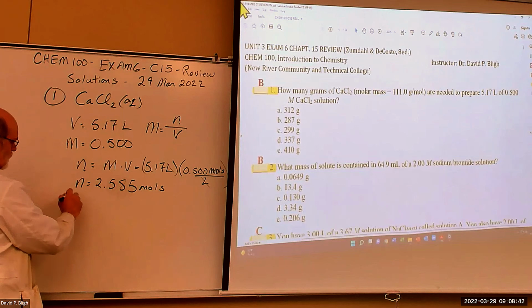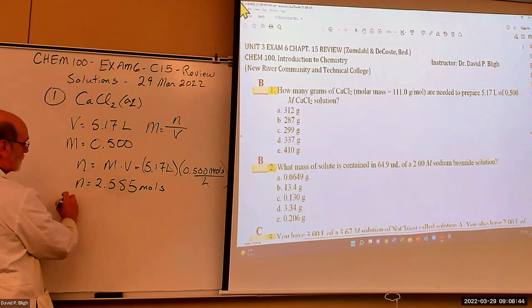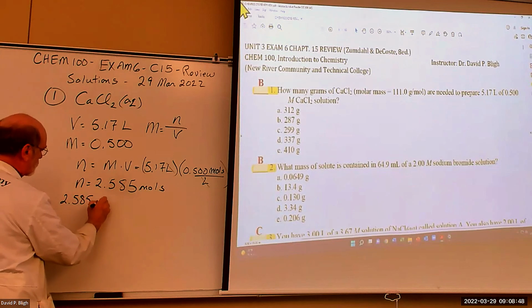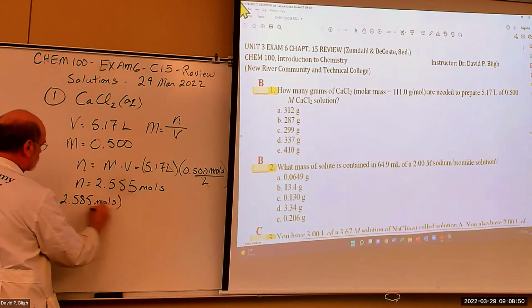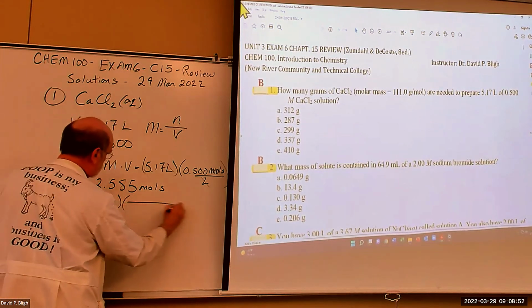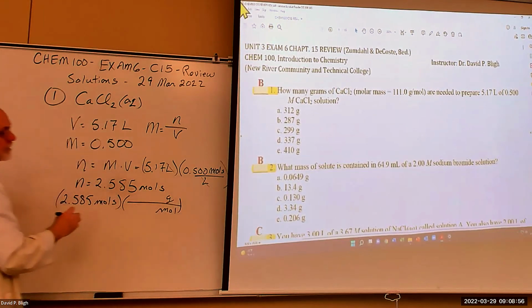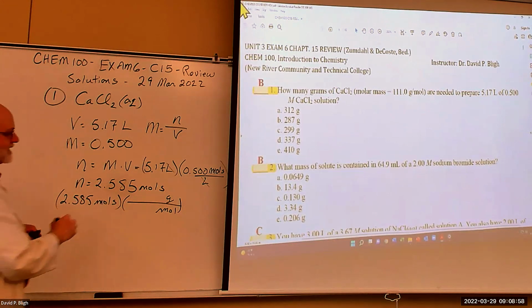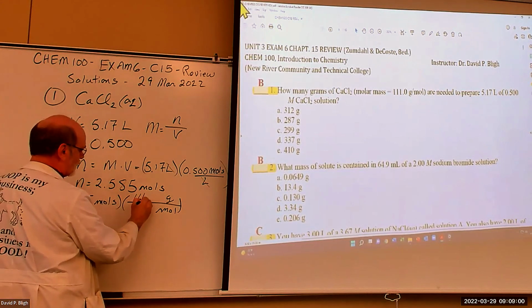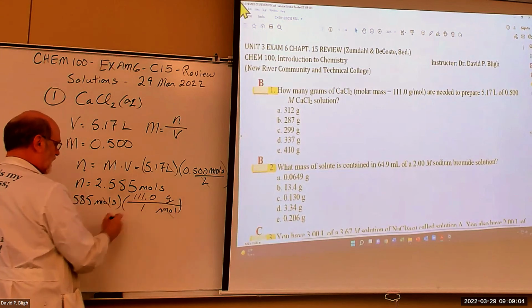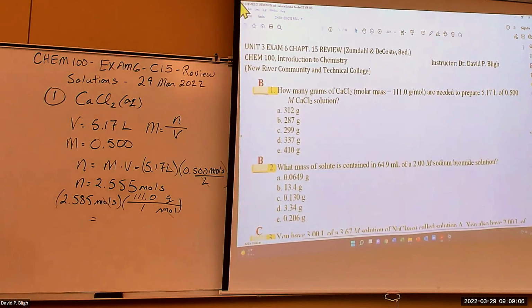So if we start with 2.585 moles, then our conversion factor is moles on the bottom, grams on the top. Right? And that's 111.0 grams per mole. So now the moles cancel, and that leaves us with grams.